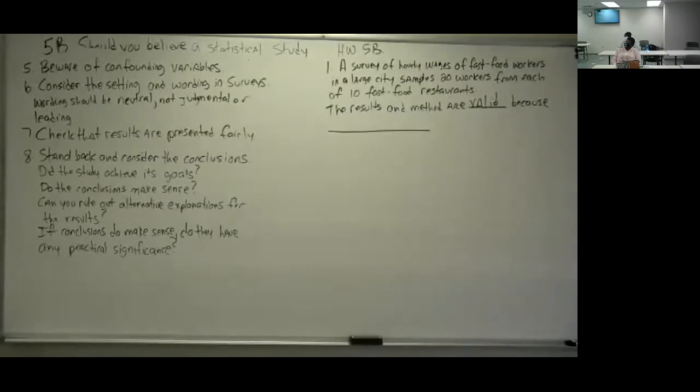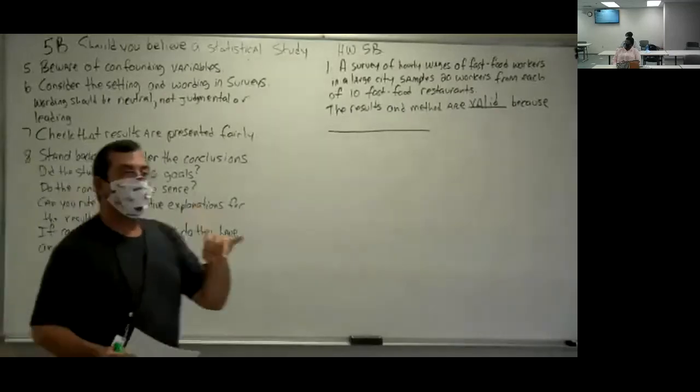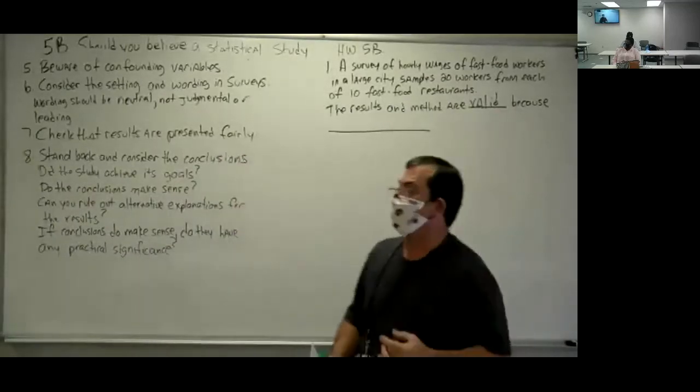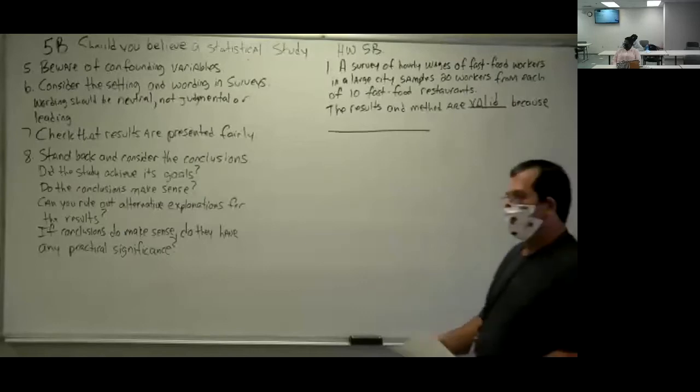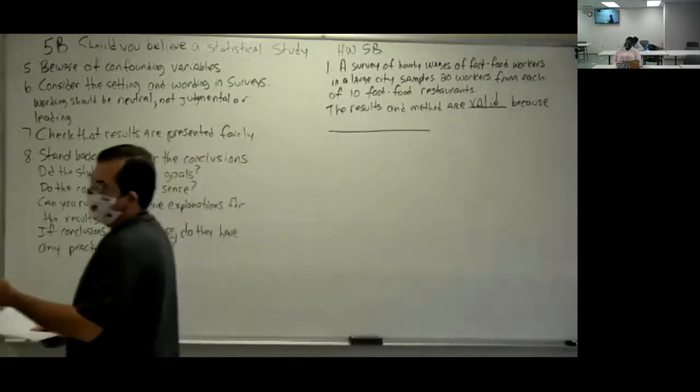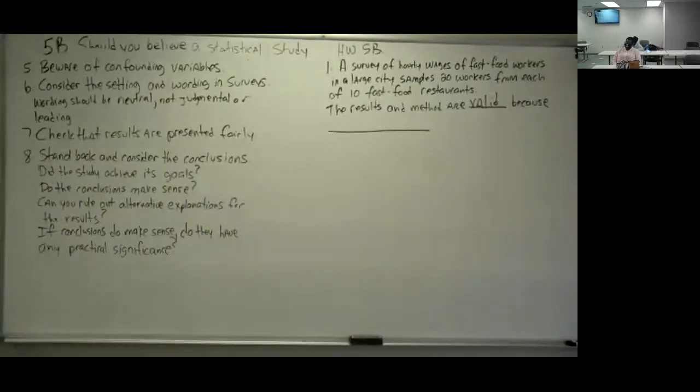So how about the entire sample is actually large and diverse? Going from 10 different restaurants, 20 people from each, so you've got a 200-person sample. And all we're looking at is the hourly wage. So would you figure 200 people would give you a good idea of the hourly wages of a fast food worker?